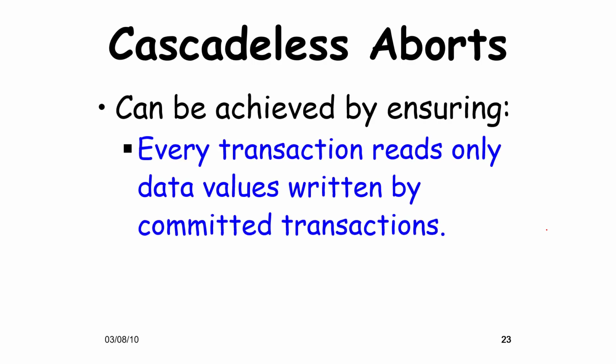This can all be avoided by ensuring that every transaction reads only data values written by committed transactions. If that is the case, then we will not have this cascaded abort of one transaction aborting another. Mind you, a committed transaction can never abort. It has committed. But all other transactions that are alive can abort.